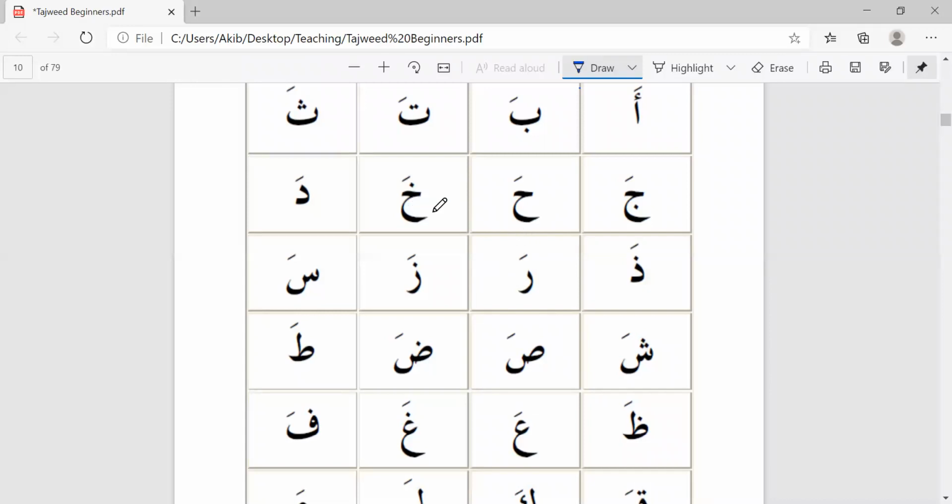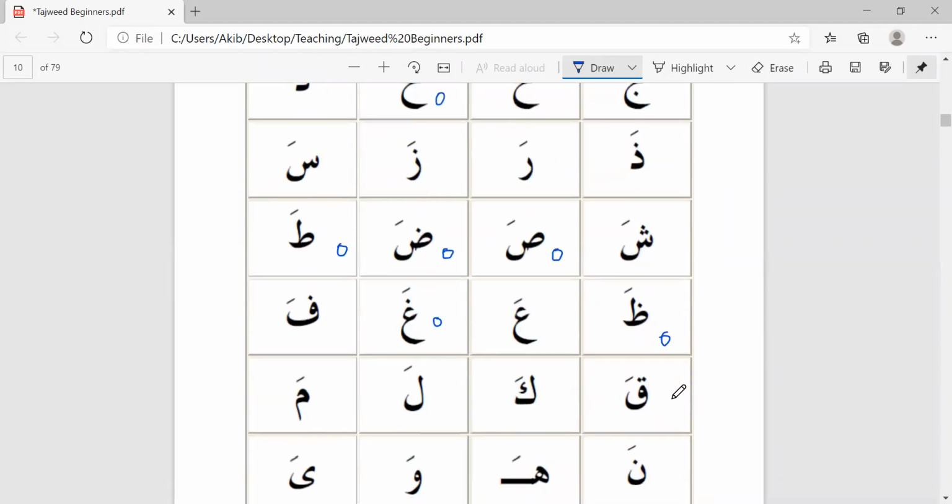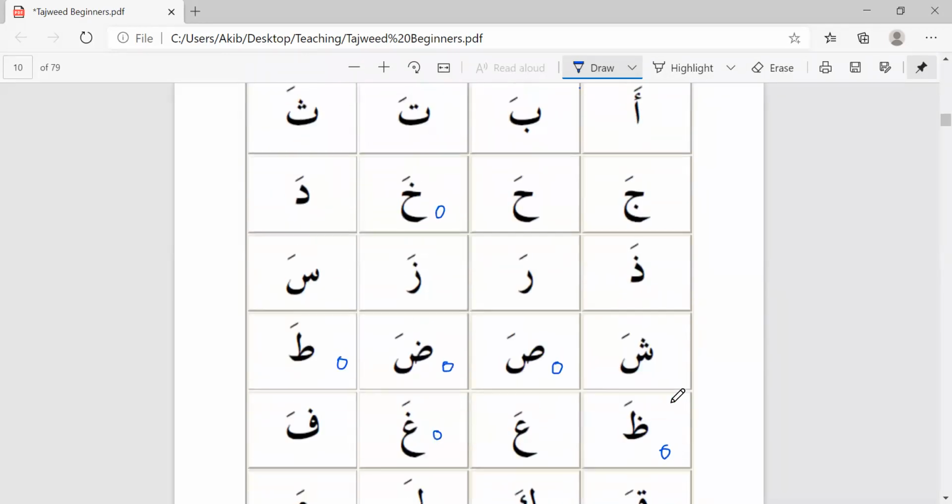If you remember, the 7 heavy letters are kha, sad, dad, ta, dha, ghain, and qaf. So those are the 7 heavy letters. But we mentioned that ra is not part of this group, but when it has a fatha, it will be read heavy. Okay. So inshallah, you'll see today why ra is not part of the heavy letters.